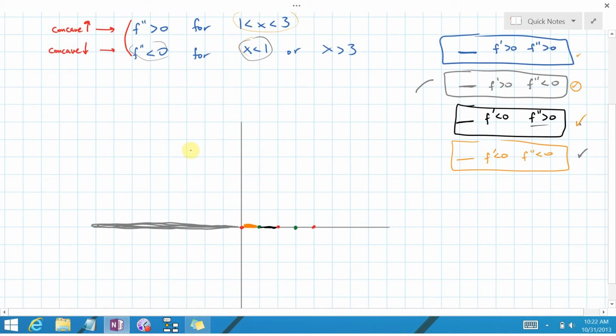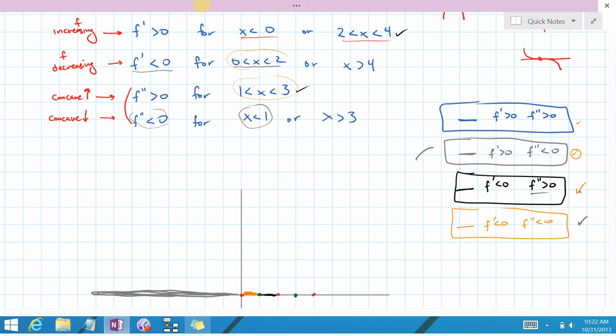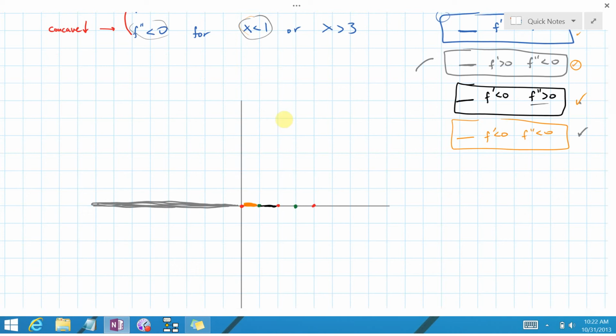Okay, now between 2 and 3, looks like I'm in this situation for f prime, and I'm in this situation for f double prime. So f double prime is positive, so is f prime. So that would put me in a blue interval over here. So that's a blue interval.